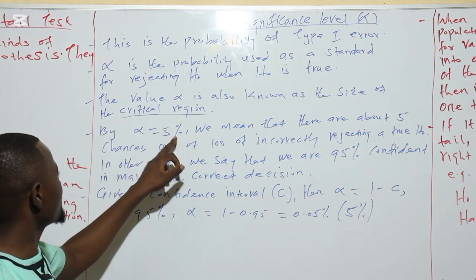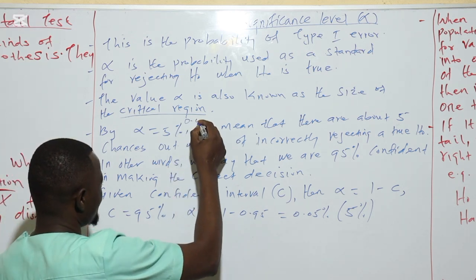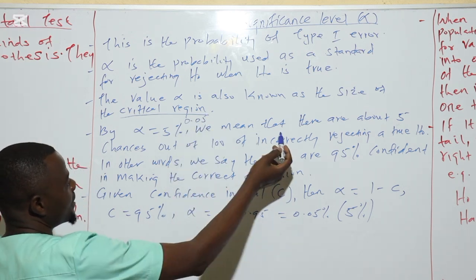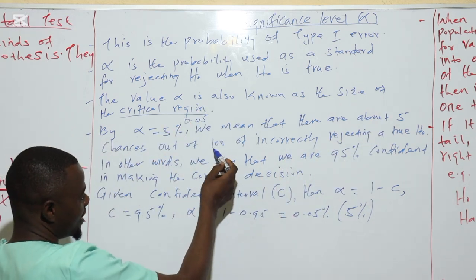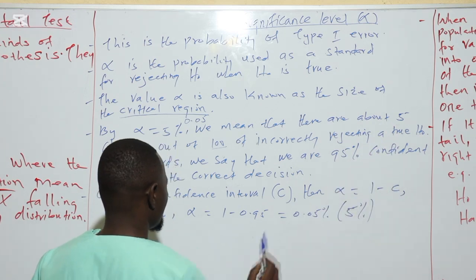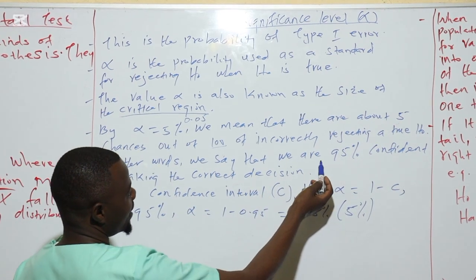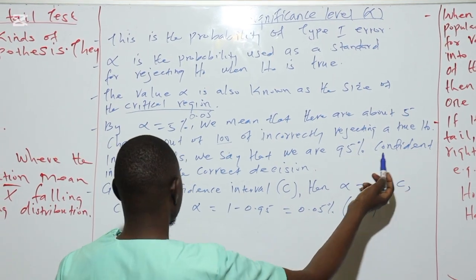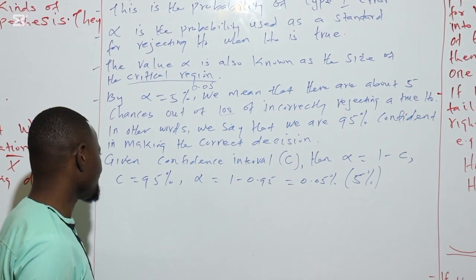By alpha equal to 5%, remember 5% is 0.05, we mean that there are about 5 chances out of 100 of incorrectly rejecting a true H0. In other words, we say that we are 95% confident in making the correct decision.